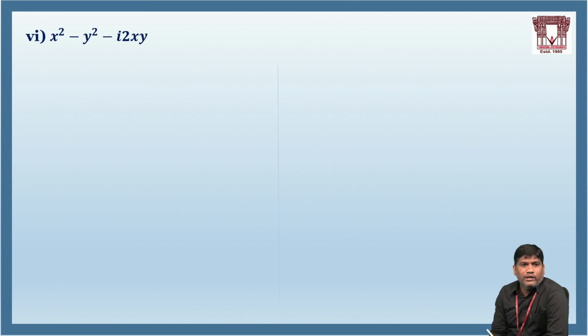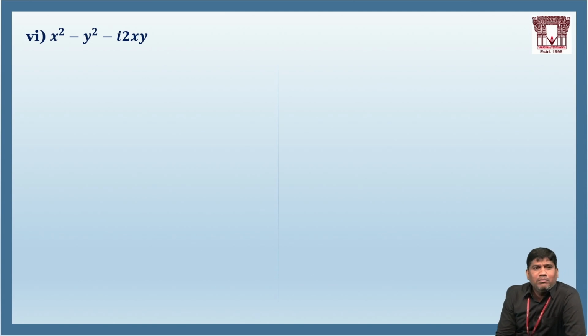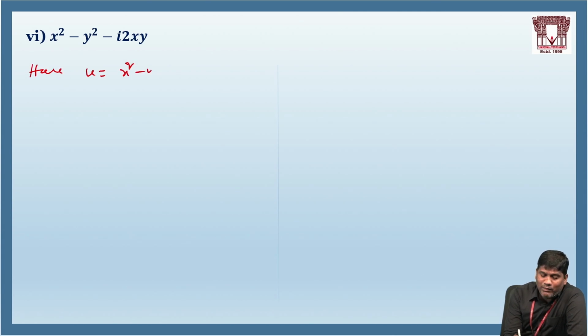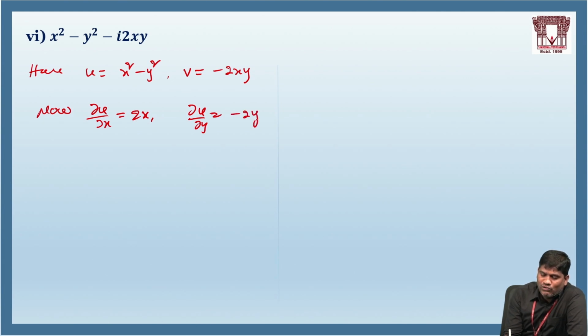Then coming to the next problem. In this problem, they directly gave the real and imaginary parts. Here the real part is x square minus y square. The imaginary part is minus 2xy. Now we have to write the derivatives. ∂u/∂x is 2x. ∂u/∂y, the derivative with respect to y, is minus 2y.